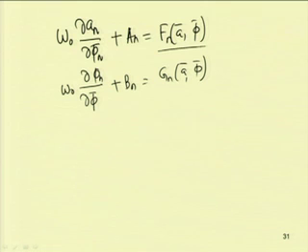So, this right hand side, this f n of A bar, phi bar and this G n of A bar, phi bar can be seen as slowly varying period terms.